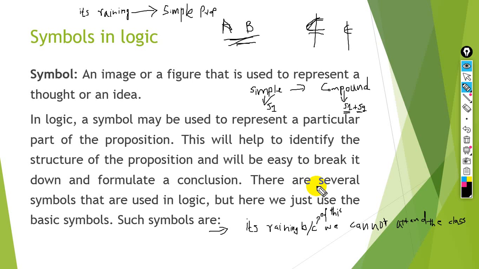For example, here I'm giving you another example. Jack is singing. And one more proposition, for example, Jill is dancing.